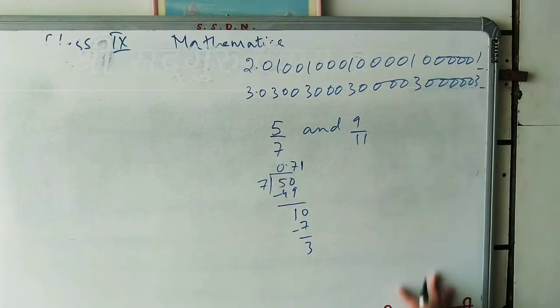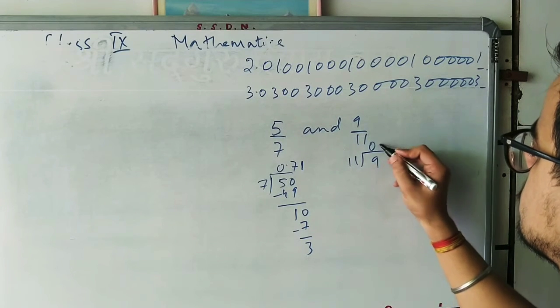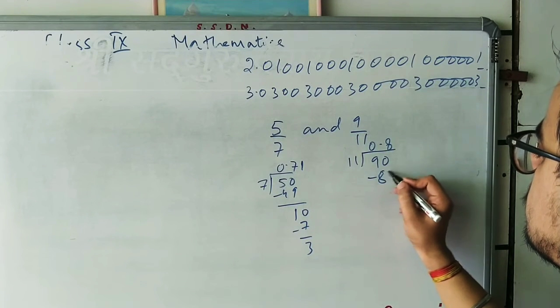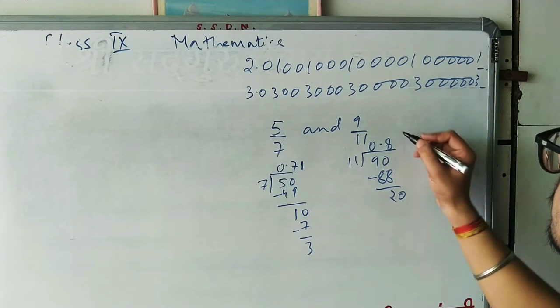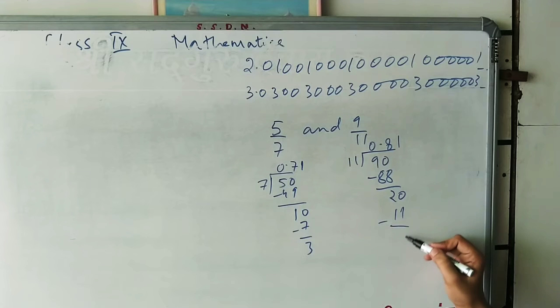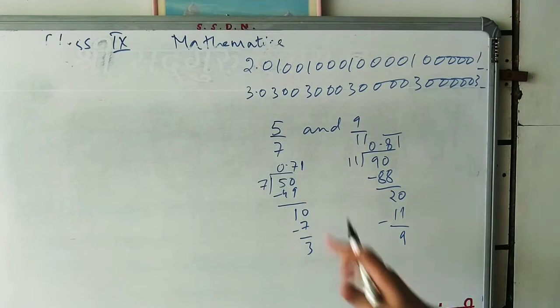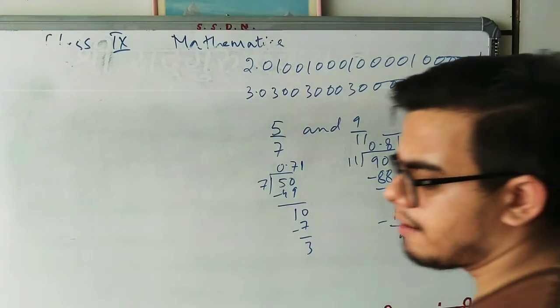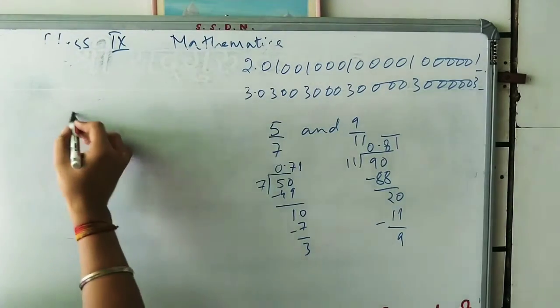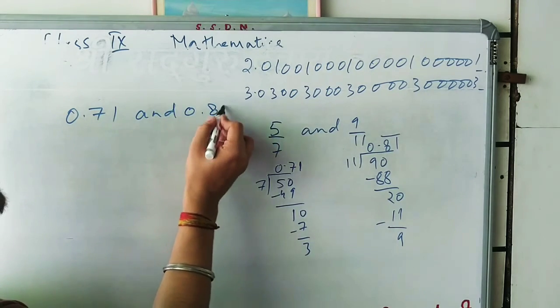And on dividing this, so it is 0.81 bar, and this is 0.71. Now we have to write decimal numbers between 0.71 and 0.81.